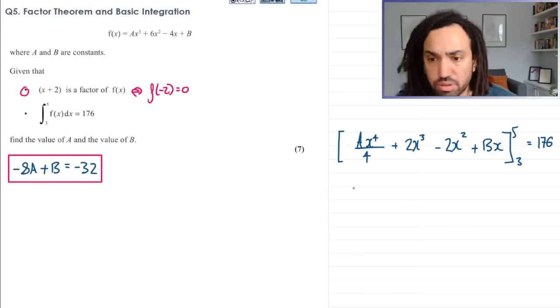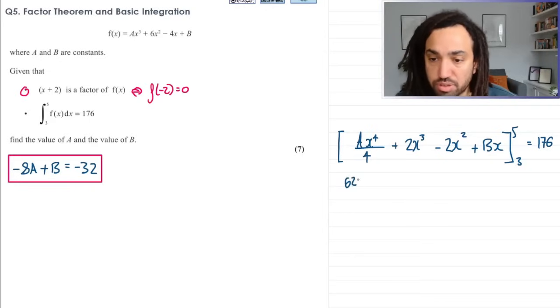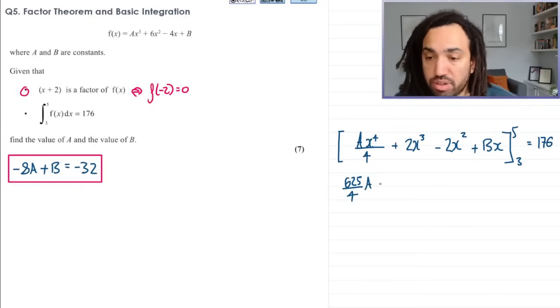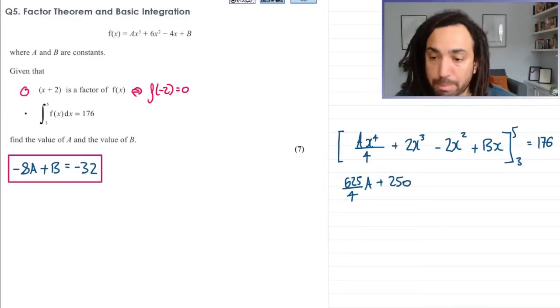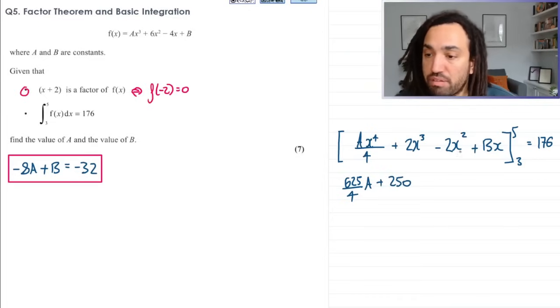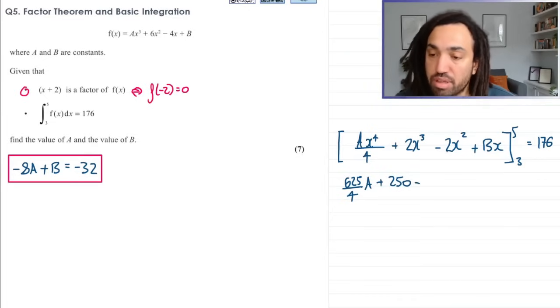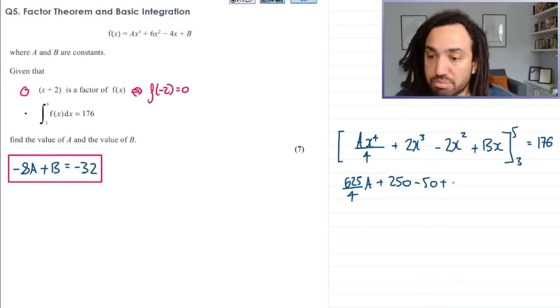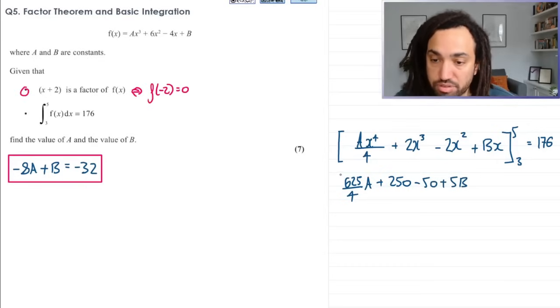So 5 to the 4 is, well, it's 625. Okay. 5 to the 3 is 125, times 2 is 250. 5 squared is 25, times by 2 is 50, and then that's plus 5b. So that's the first bracket.